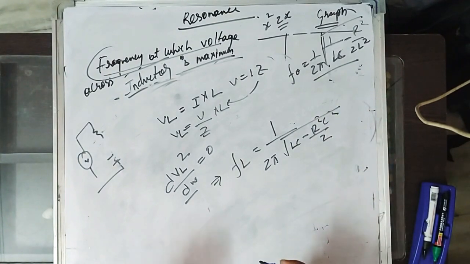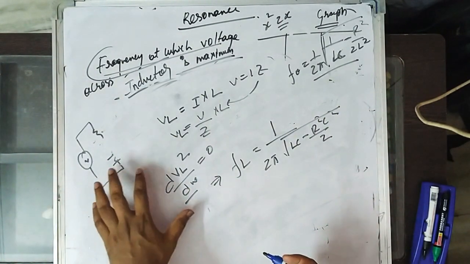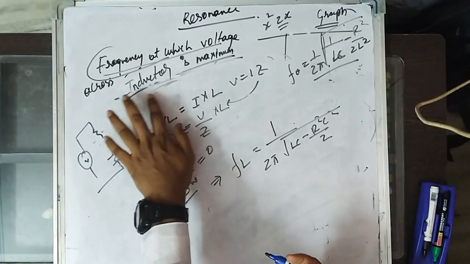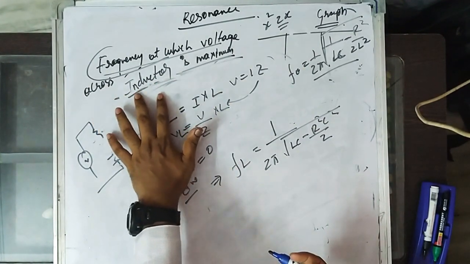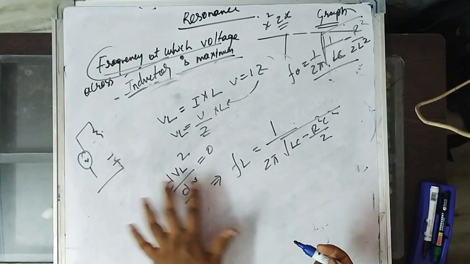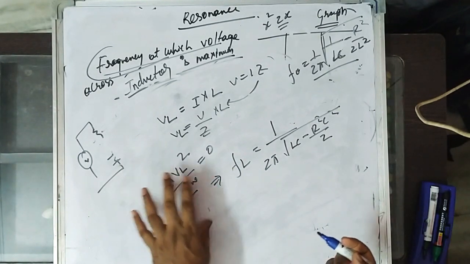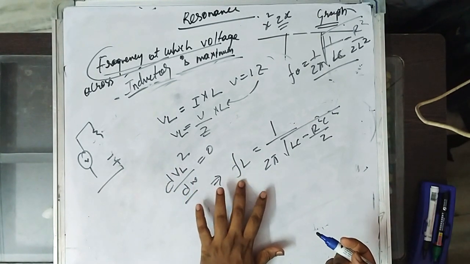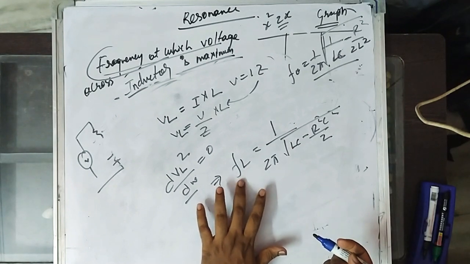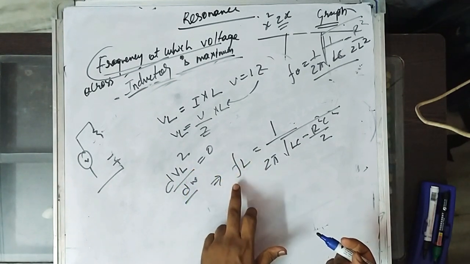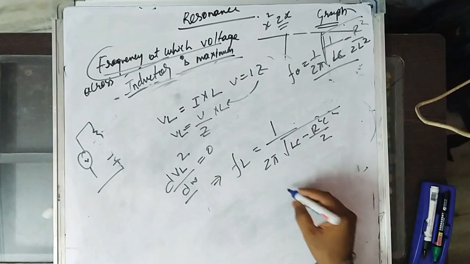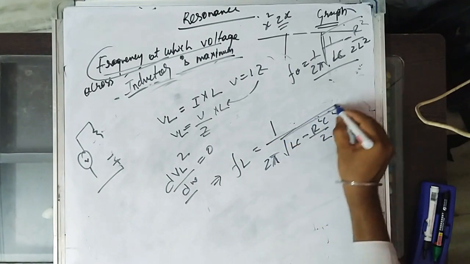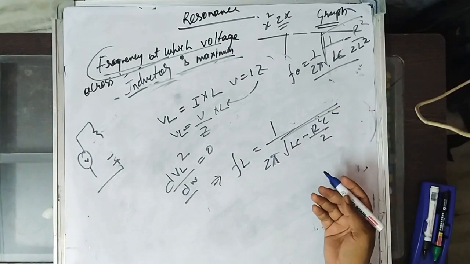The same procedure you follow to find the frequency at which the voltage across the inductor is maximum. So FL is the frequency at which the voltage across the inductor is maximum. This also you will memorize.